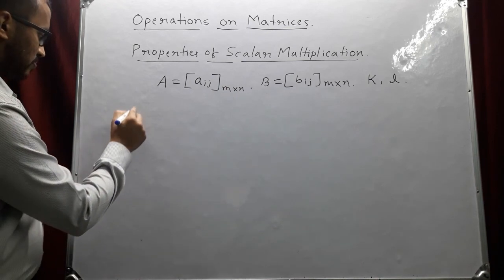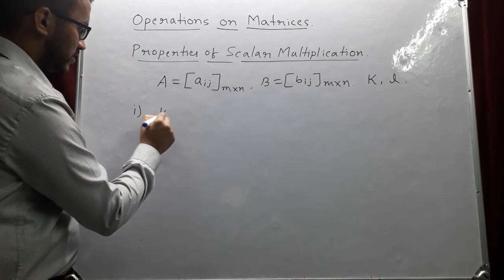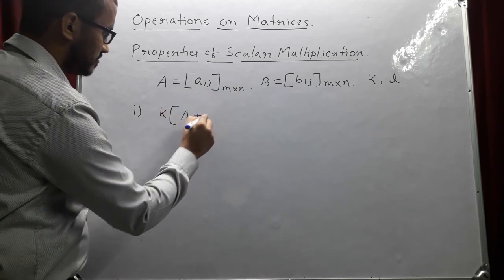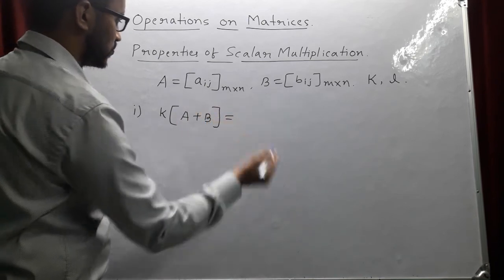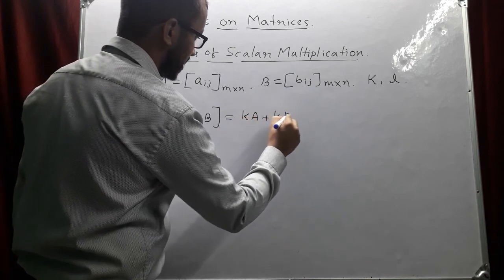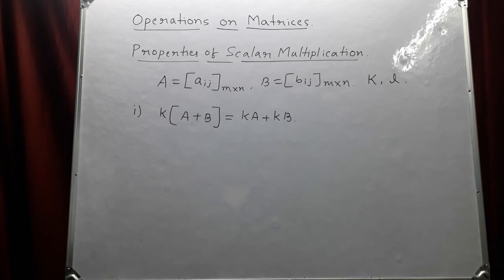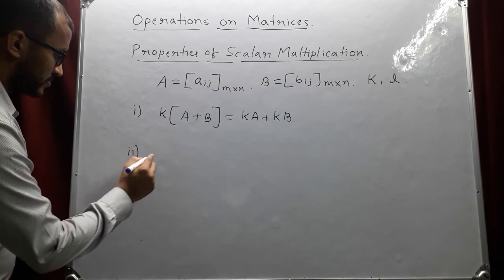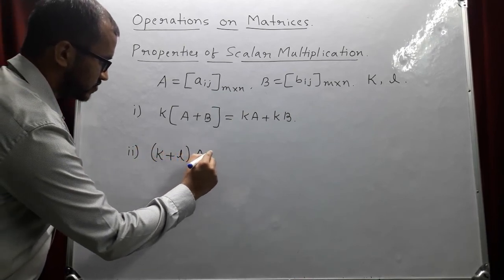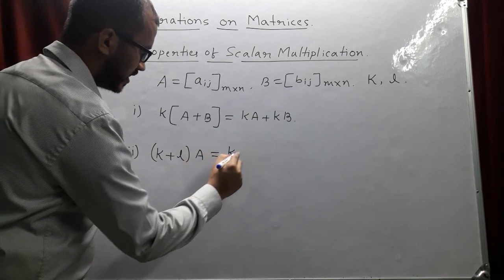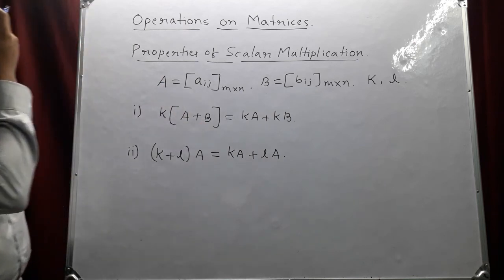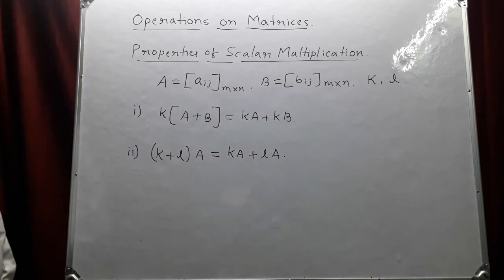Then first property, k into (A plus B) is equal to kA plus kB. Second property, (k plus l) into A is equal to k into A plus l into A. So these are the two properties under scalar multiplication.